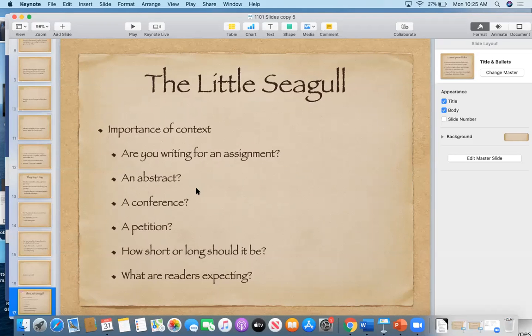Now, in the technical fields, there are different types of abstracts, two main types, I should say. One is the descriptive abstract. That just tells what your paper is going to be about. The informative abstract is essentially an entire summary of what your paper is and the results that you find, or your argument, in just a short paragraph.